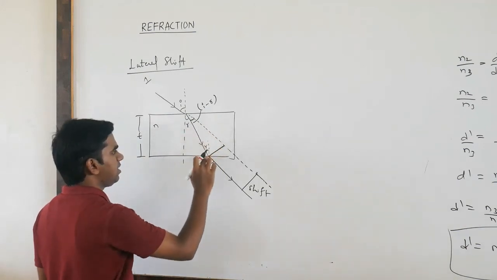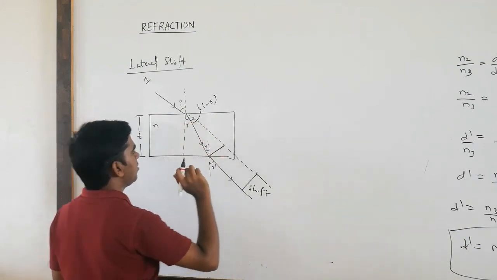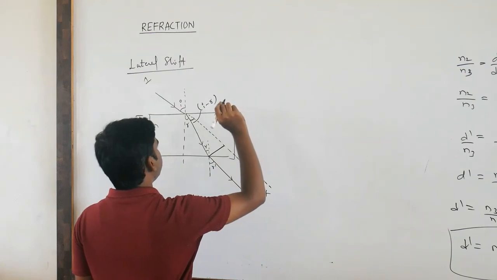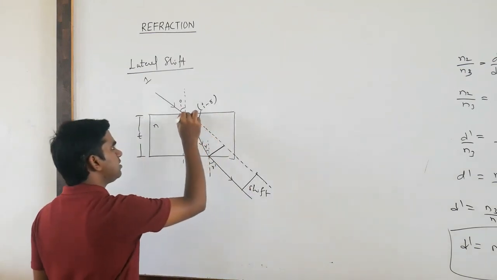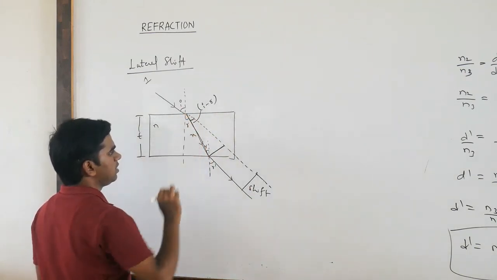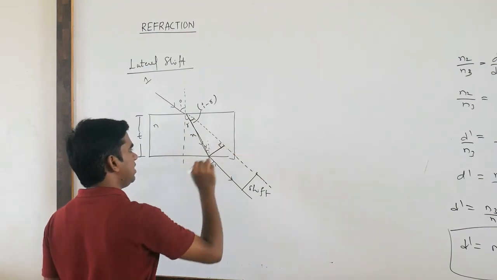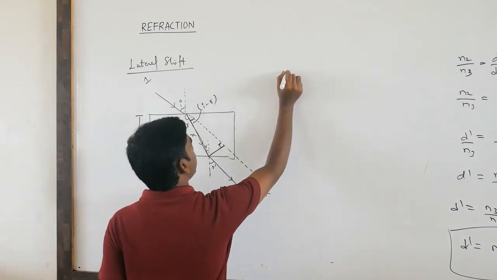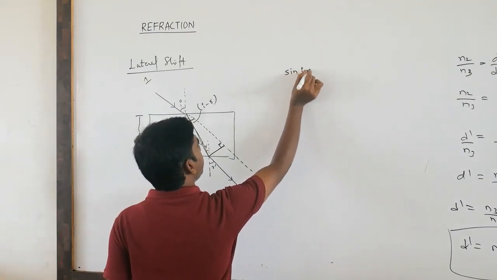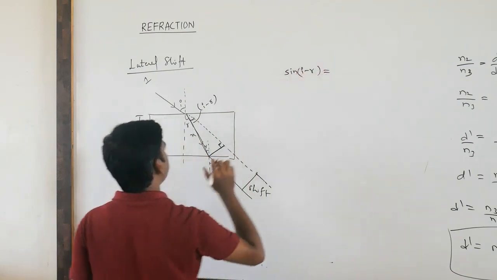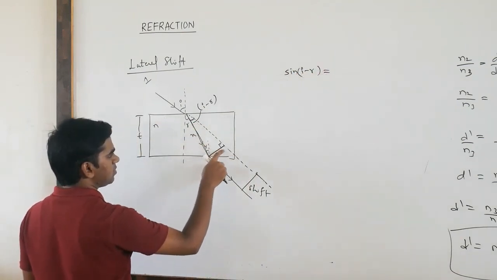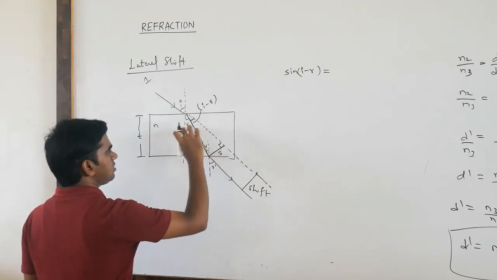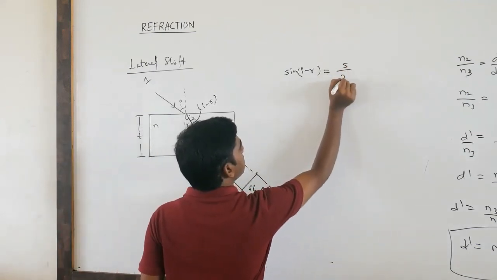So from this triangle, what can I write? If I take this as x, this is 90 degrees. I can write sin(i minus r) equals s divided by x.